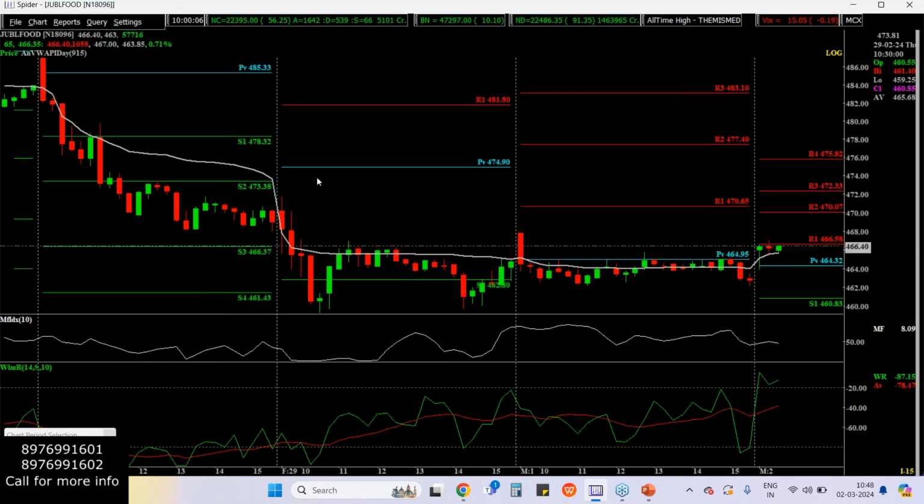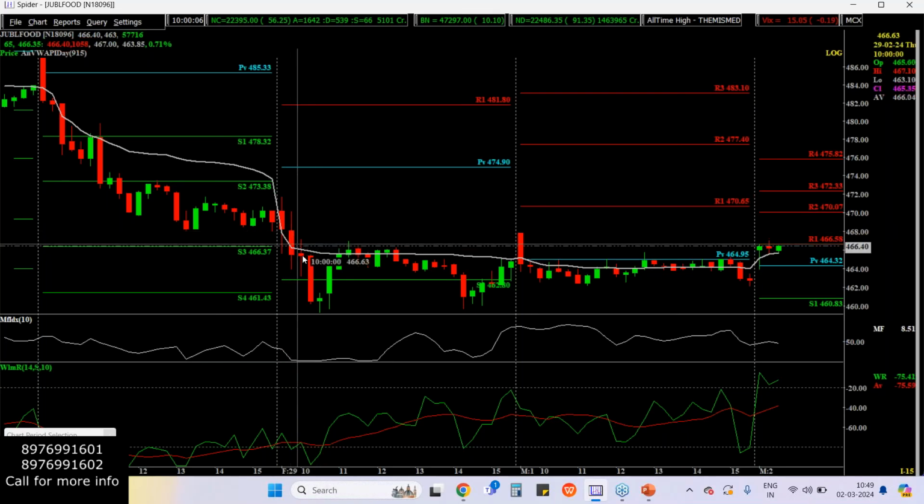Here you can see Jubilant Food on this candle. We are on the 9:45 candle, and we have received the entry. Our MFI is below 20, our Williams %R has got a negative crossover, and our price is also cutting the anchored VWAP downward.